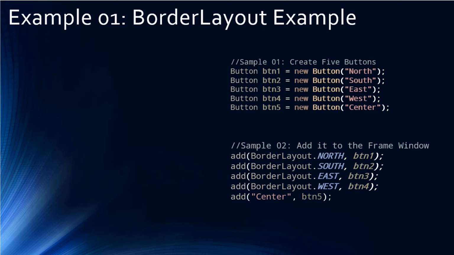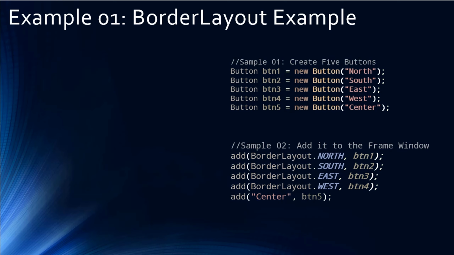Next, fifth, we are adding button 5, and this time instead of specifying the constant we specified the string literal. So you can either use BorderLayout.CENTER or "center" specified within double quotes. That means you can specify a string or you can specify a constant from BorderLayout.